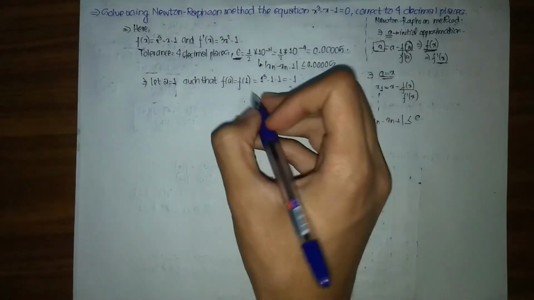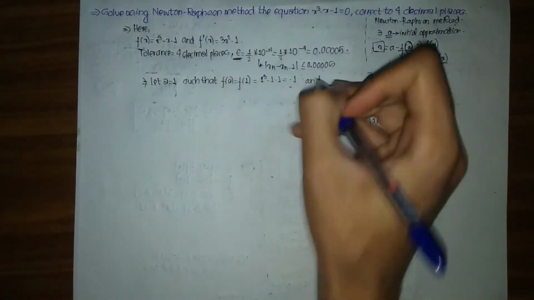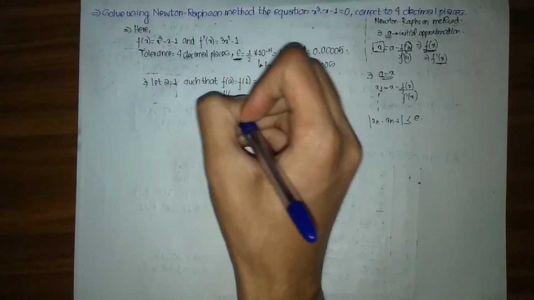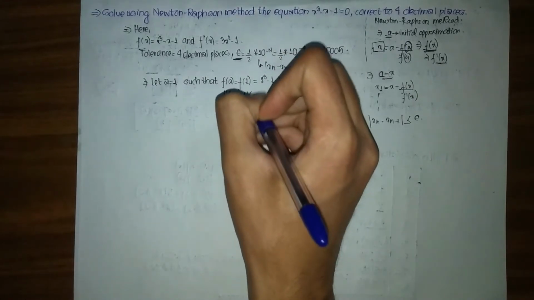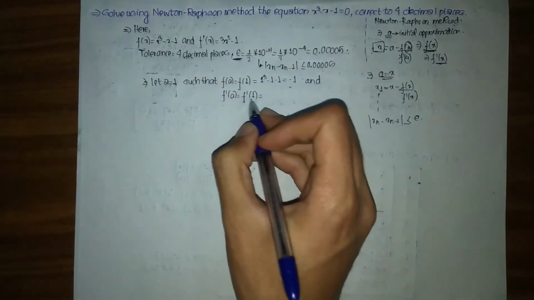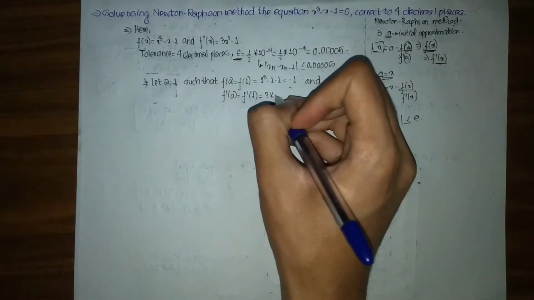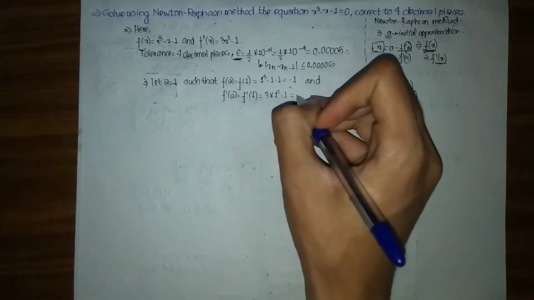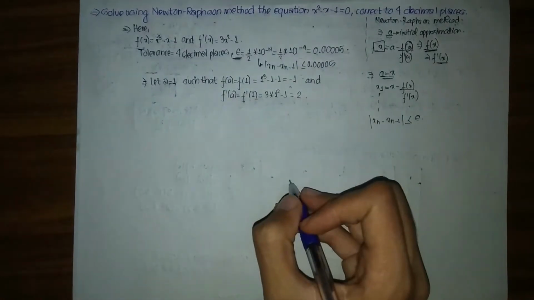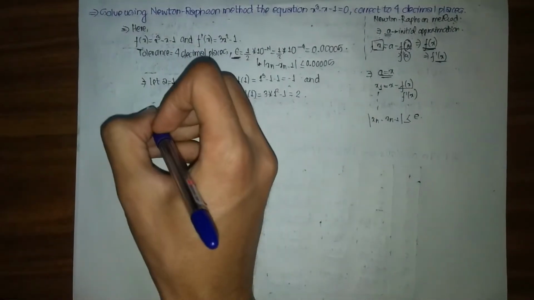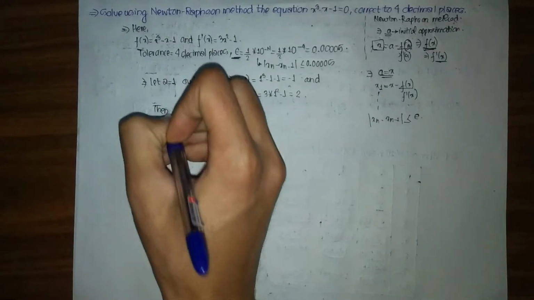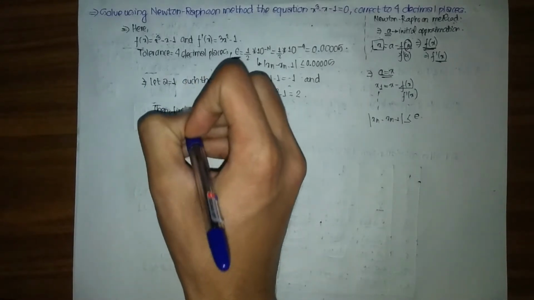And f prime(a) equals f dash(1), so we put 1 in our first derivative f dash(x), and we get 3 into 1 square minus 1, which is 3 minus 1, simply equal to 2.